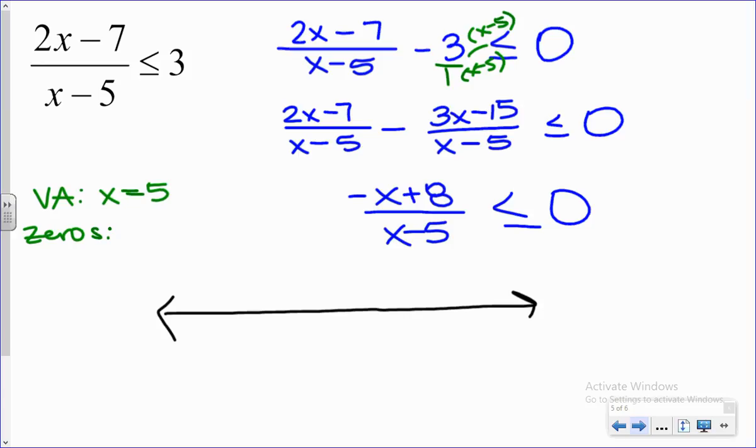So when we set it equal to 0, we're really concerned about where the numerator is 0. What makes the numerator 0? 8. So 8 is our 0. What's nice about this, you're basically looking, where is the numerator 0? Because that gives you your zeros. Where is the denominator 0? That gives you your vertical asymptotes. Okay. All right, so 5 and 8.